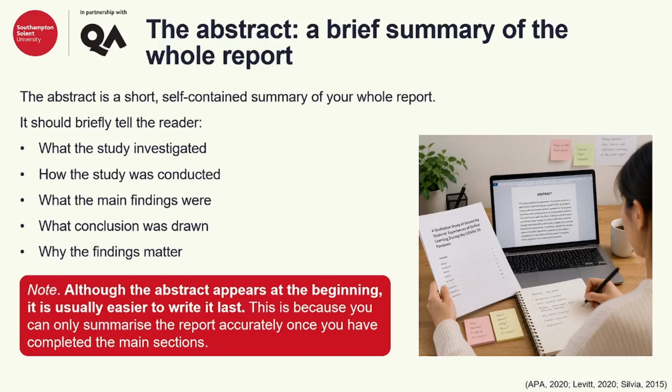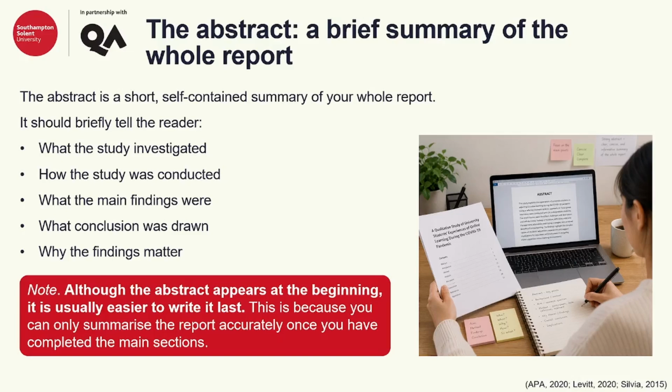However, you cannot summarize the complete report accurately until the main sections have been completed. For example, you might begin the study expecting to develop particular themes, but your analysis may lead to different themes. Your interpretation may also change as you write the analysis and the discussion sections.